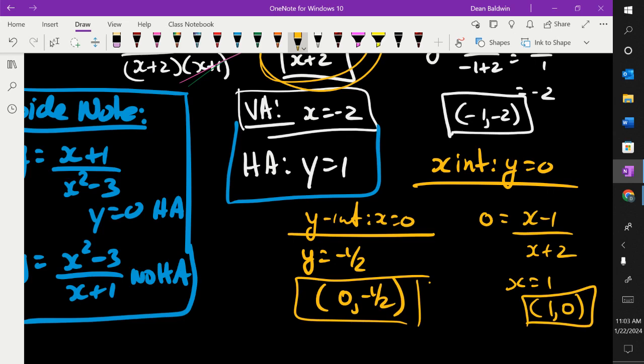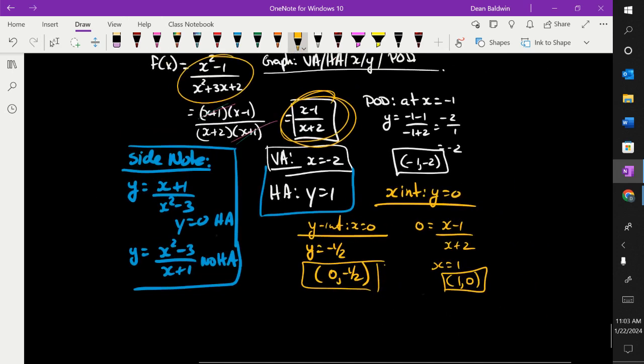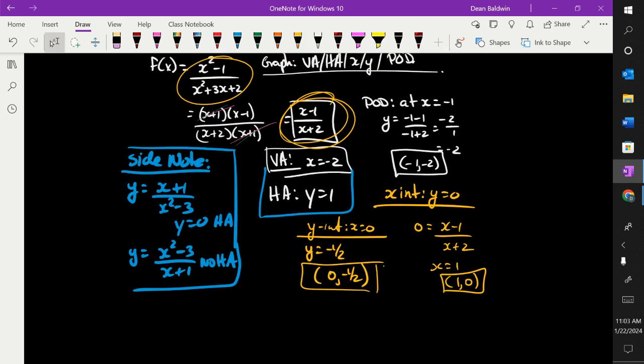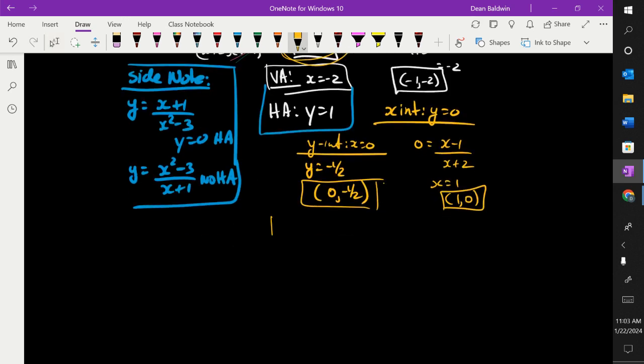And if you remember when we were doing equation from the graph, the x-intercepts became the factors in the numerator. We'll do an example of it. Do we have everything we need to graph it? We do. All right. Vertical's at -2.